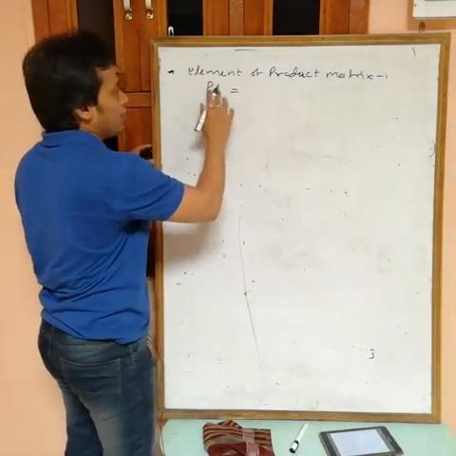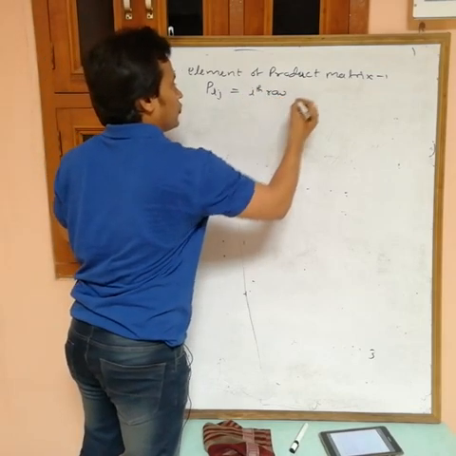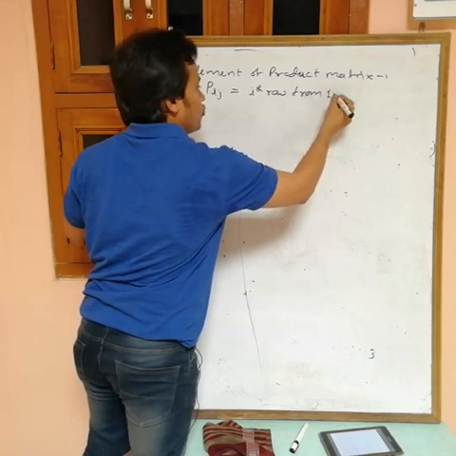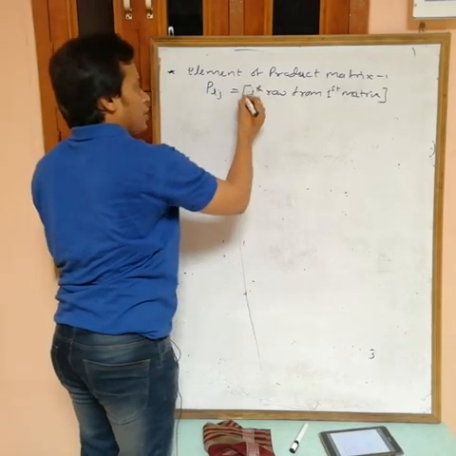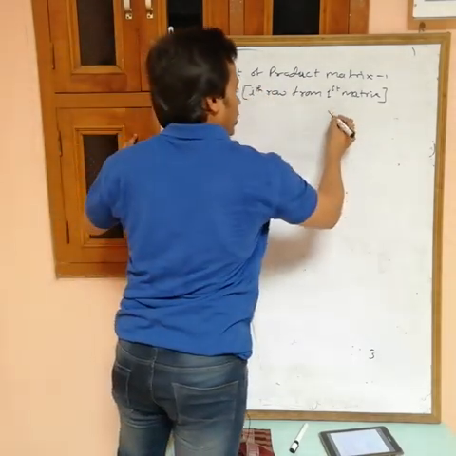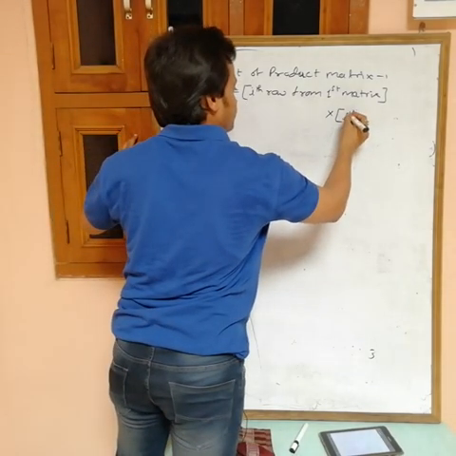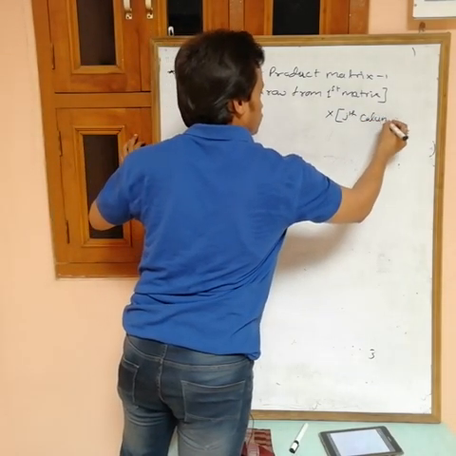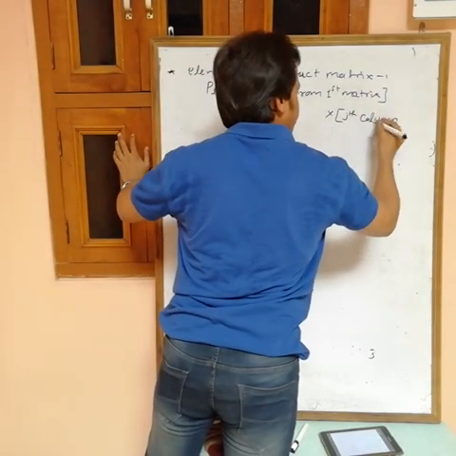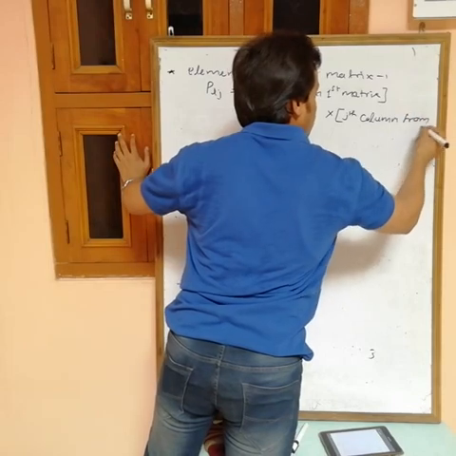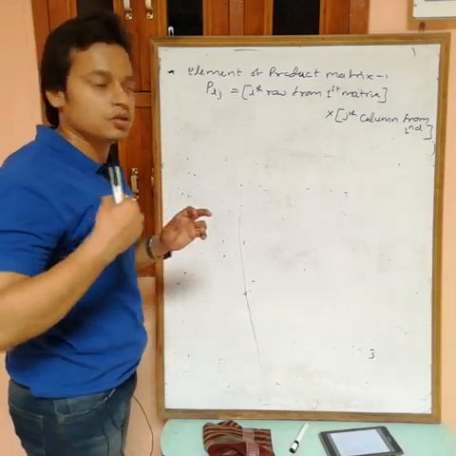To get a product element Pij, we have to multiply the ith row from the first matrix with the jth column from the second matrix. Multiply the ith row with the jth column.